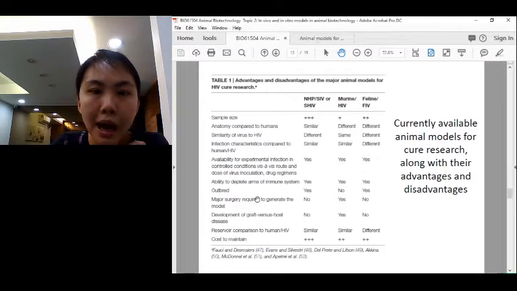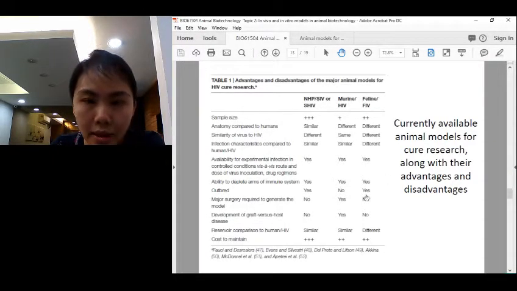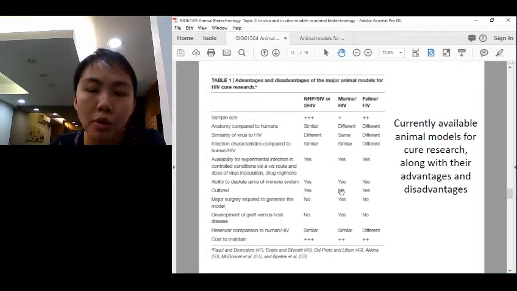Ability to deplete arms of the immune system: yes. Outbred. Okay, so what do we mean by outbred? Usually mice are inbred because they can be crossed within the same species. For non-human primate and feline, they are outbred. In fact, outbred is a double-edged sword.